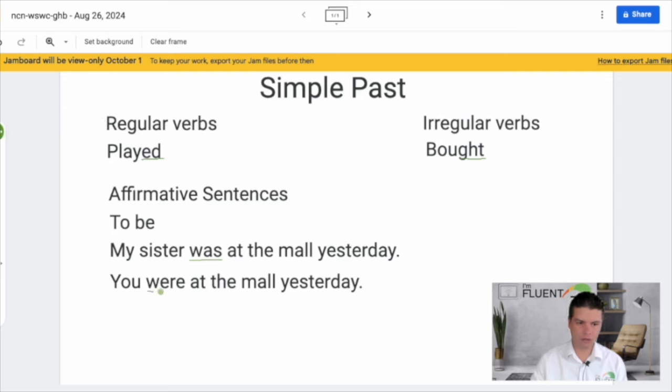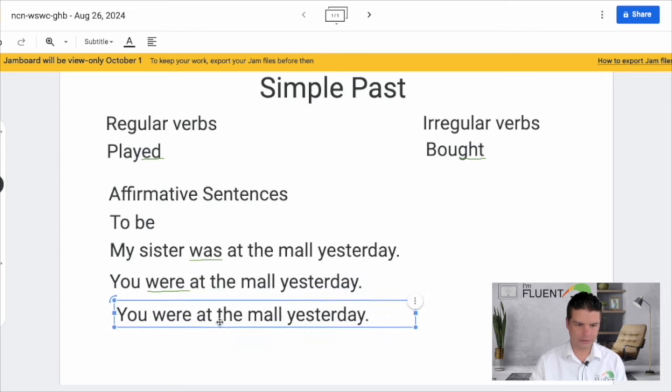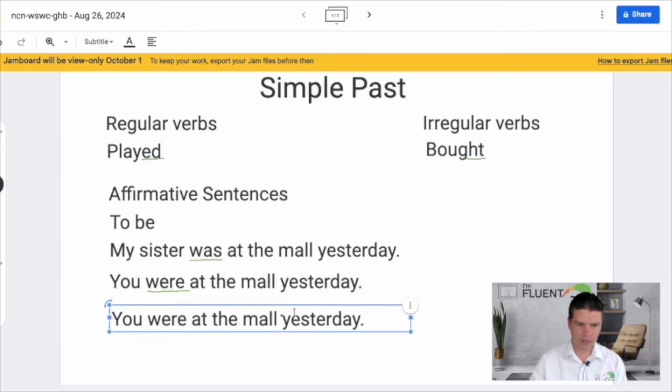If we use other verbs, it could be, for example, the one that we mentioned before, played. We just have to put it here, and we're going to put another signal word, not yesterday, but maybe last night. We're going to start with that signal word. So last night, you played soccer.